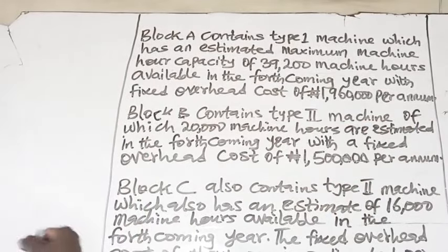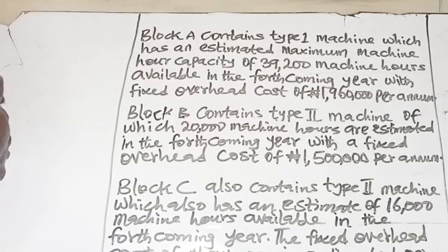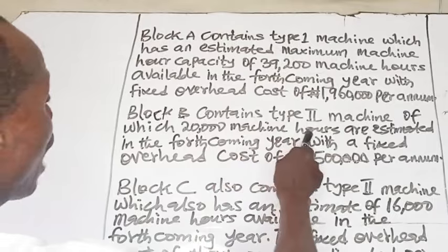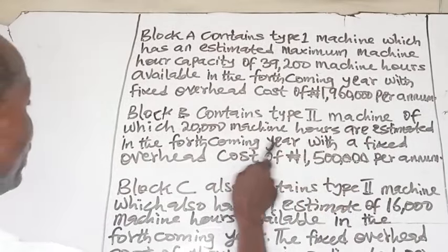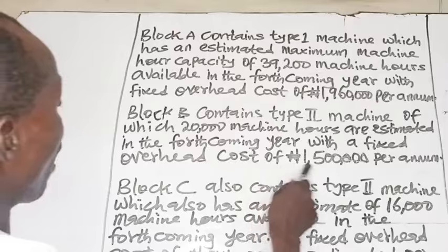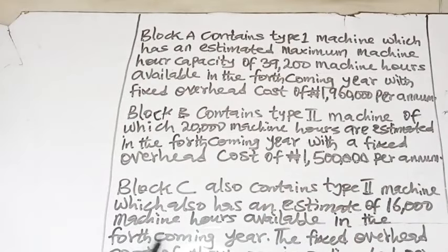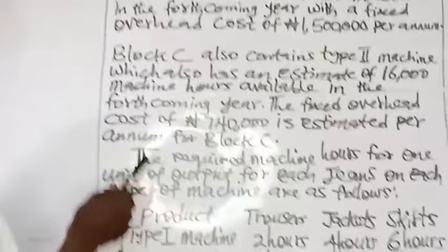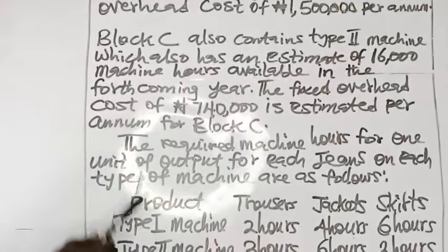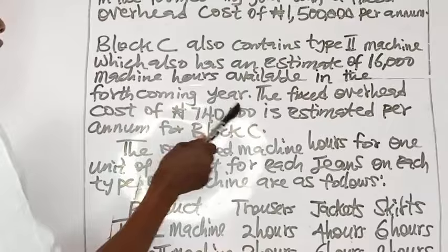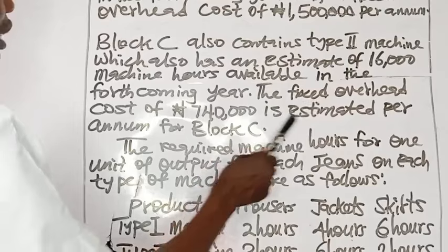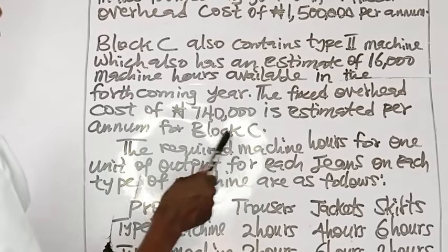Block B contains type 2 machine, of which 20,000 machine hours are estimated in the forthcoming year, with a fixed overhead cost of 1.5 million naira per annum. Block C also contains type 2 machine, which has an estimate of 16,000 machine hours available in the forthcoming year. The fixed overhead cost of 740,000 naira is estimated per annum for Block C.